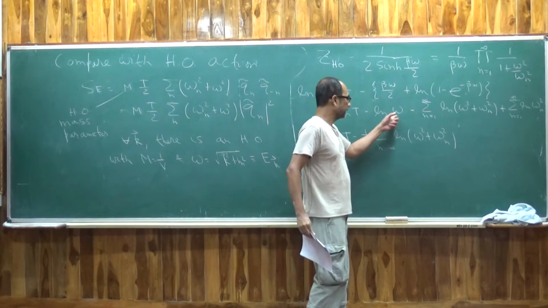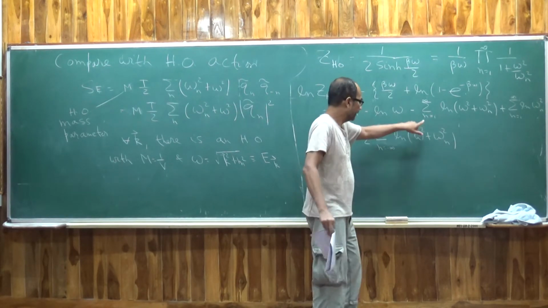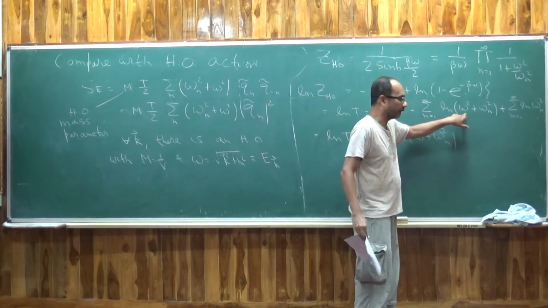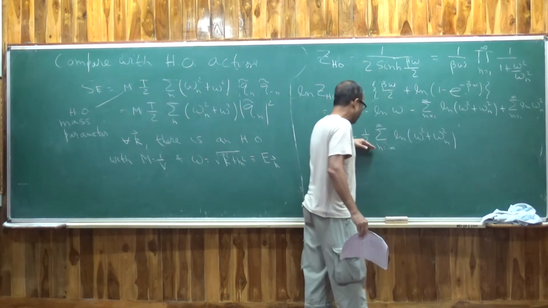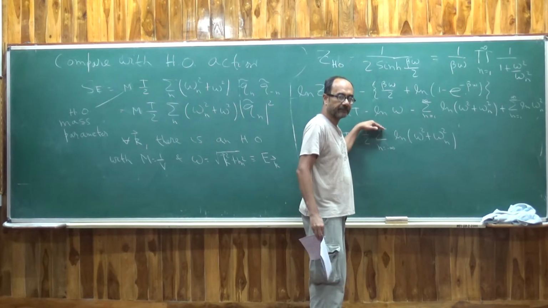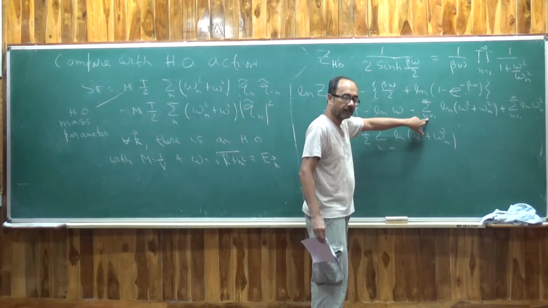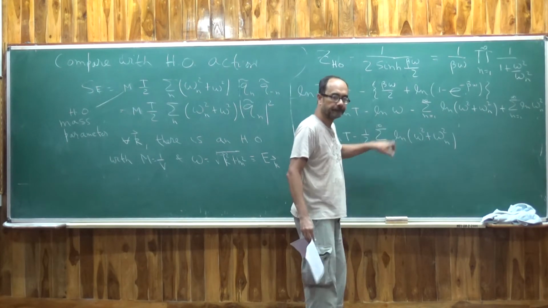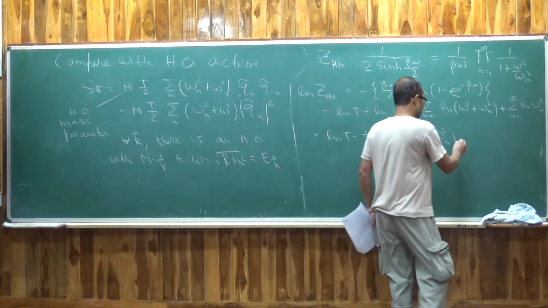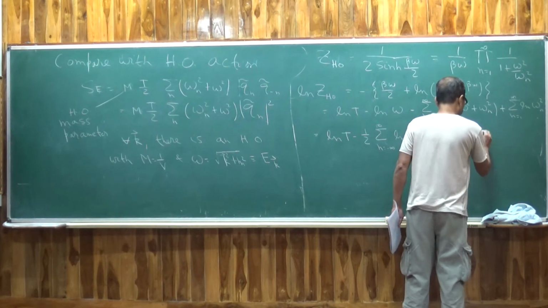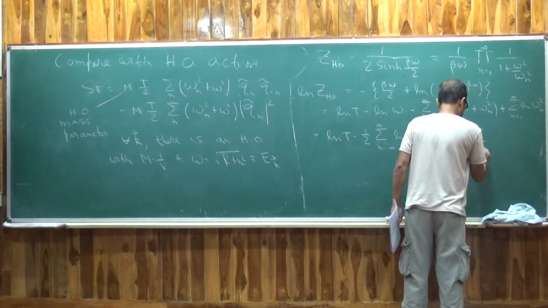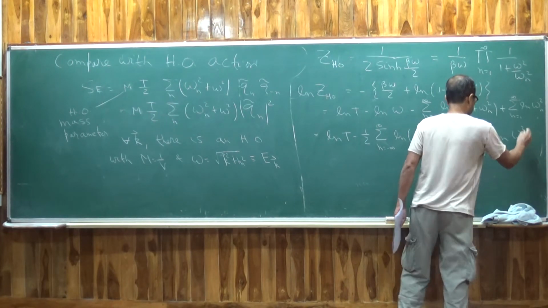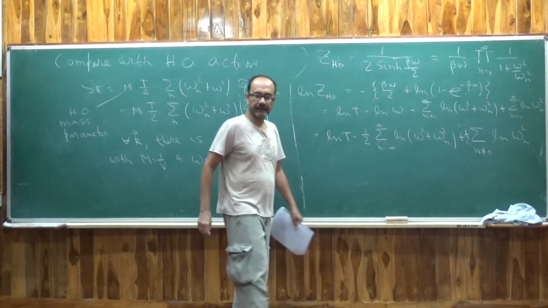This includes these two, because you see that n and minus n give the same contribution. So I have put a half and made this sum from minus infinity to infinity. That takes care of this except the n equal to 0 term, and the n equal to 0 term here is a minus log ω term. And then plus, I can write this as half sum n not equal to 0 log ω_n². Okay, let's write it this way.